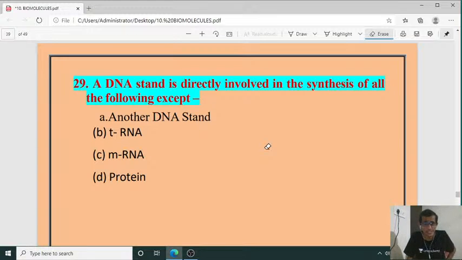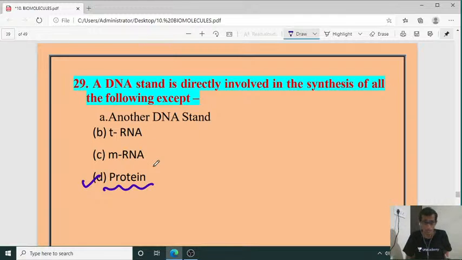A DNA strand is directly involved in the synthesis of all the following except which one? The answer is D, the protein. Another DNA strand is replication, then tRNA production and mRNA production. For these, DNA is directly involved.